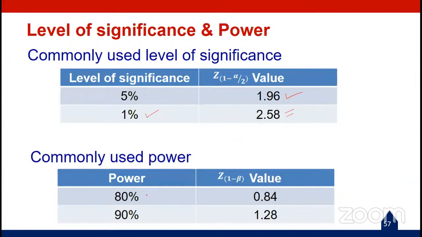Power, Z value at 80% power is 0.84. Z value at 90% power is 1.28. These are the standard values. You can remember 1.96, 2.58, and 0.84, 1.28.